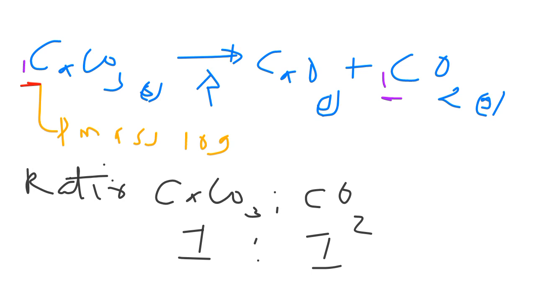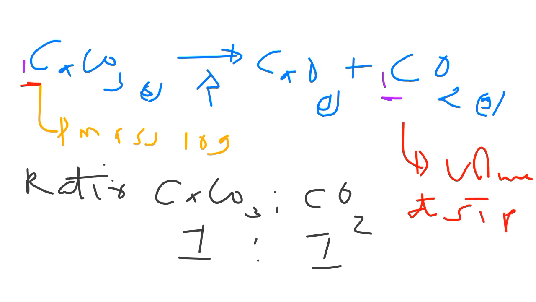But for carbon dioxide, we are asked to find the volume at STP. So this is the major category we're going to follow.